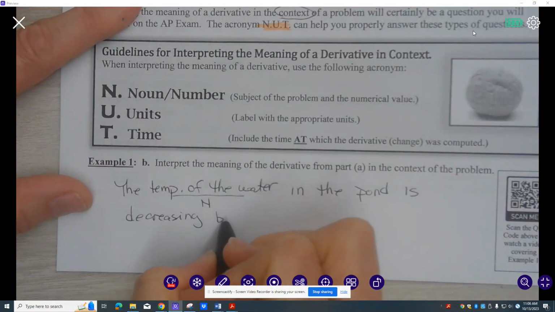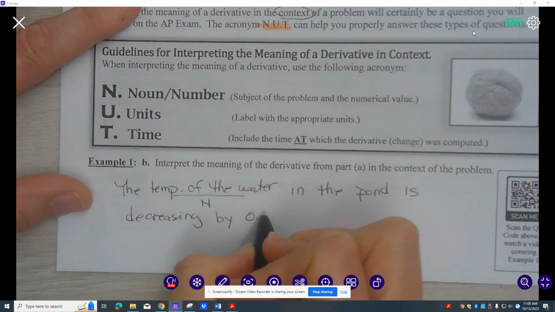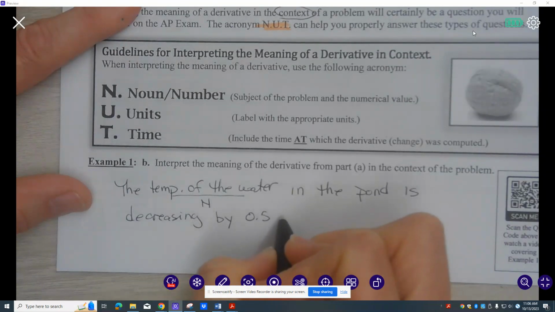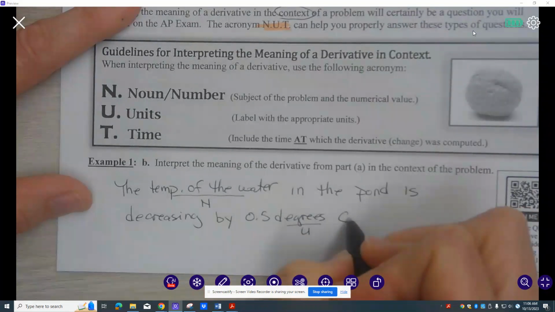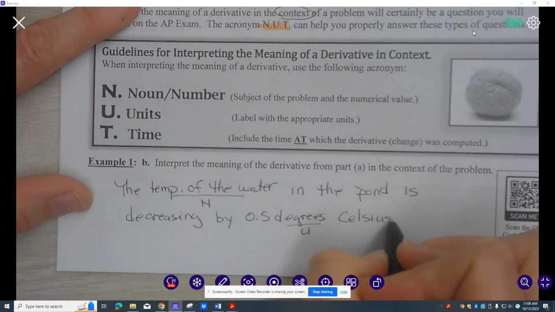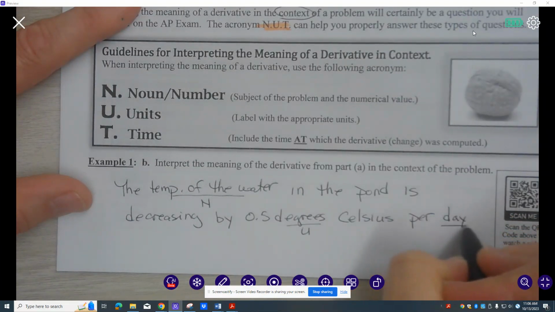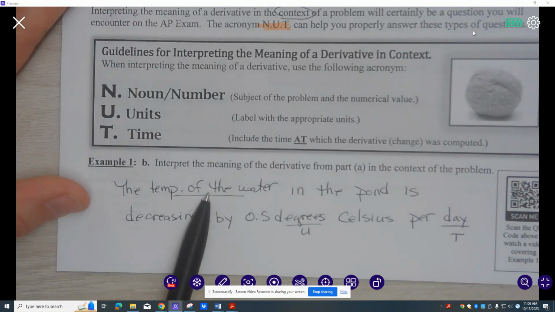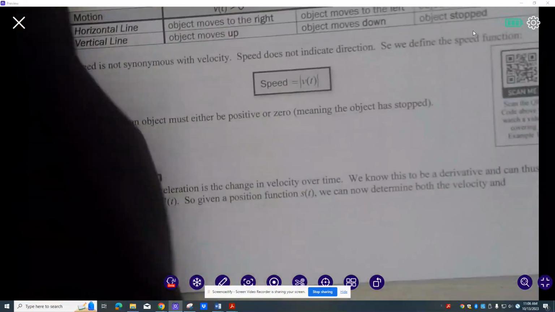It is decreasing by negative 1/2, or you would just say actually 1/2, or 0.5 degrees. There's my units, Celsius, per day. There's my time. So noun, unit, time. Okay, turn the page. Let's look at another example from a previous AP test.